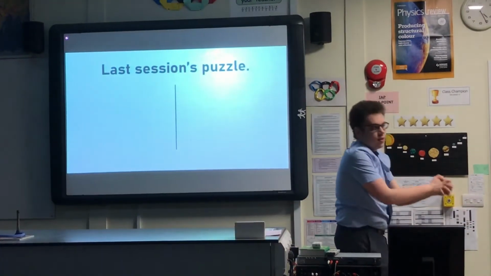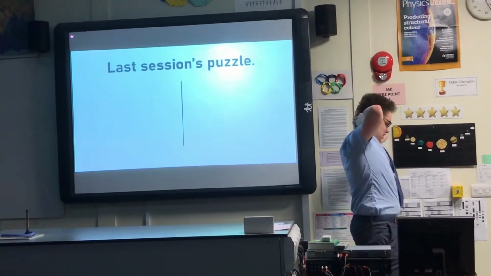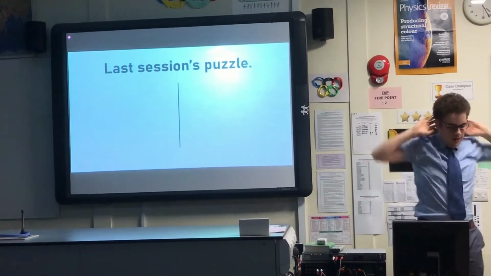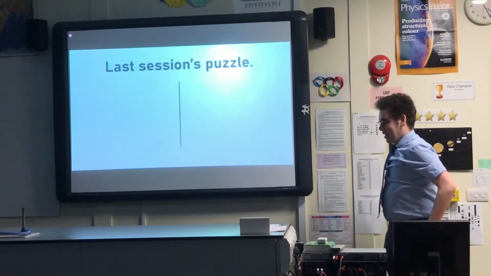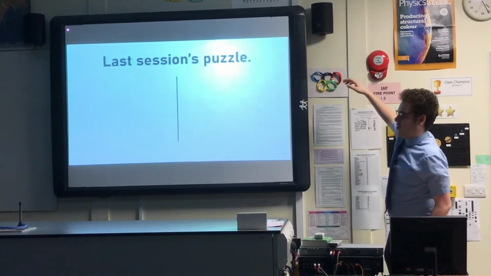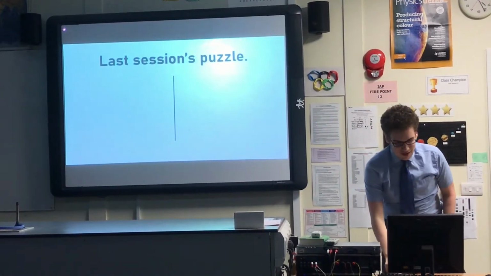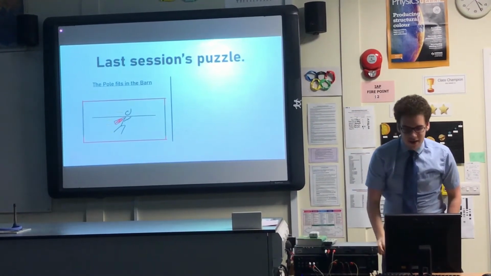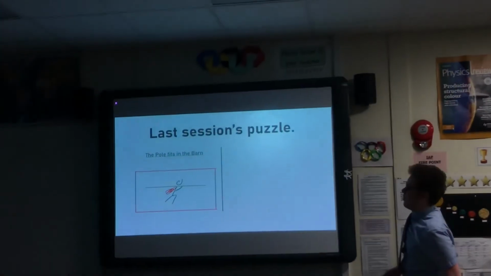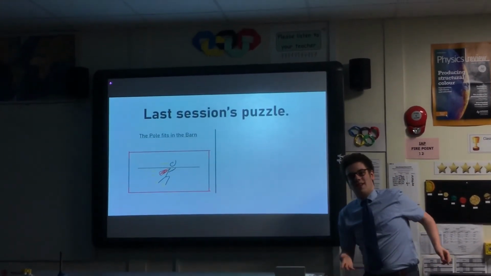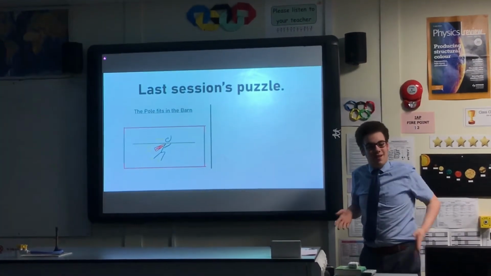So, let's wrap up last session's puzzle. This is the pole runner paradox, as I like to call it. And this is due to general relativity. So we have a pole runner here that's moving near the speed of light.